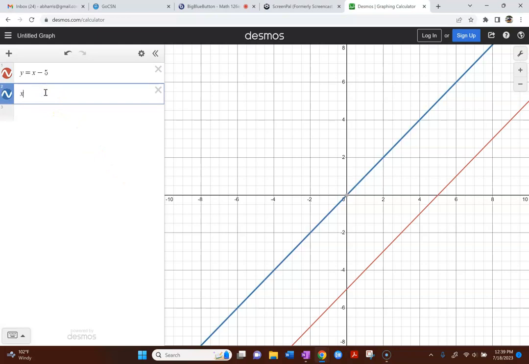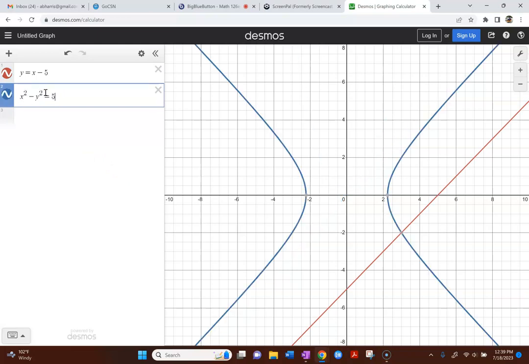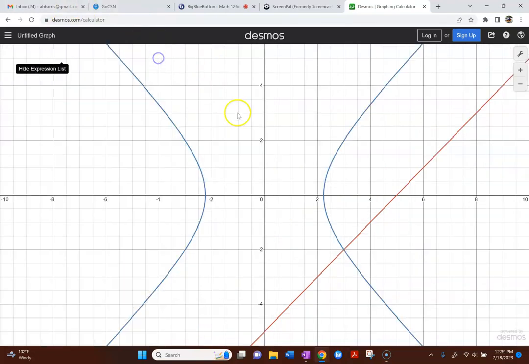The second one's a hyperbola, x squared minus y squared equals 5. And notice these two hit right here at that point, (3, negative 2). That's where they intersect. That's the only place that they intersect. They do not intersect at (3, 2), right? They only intersect at the one spot, (3, negative 2).